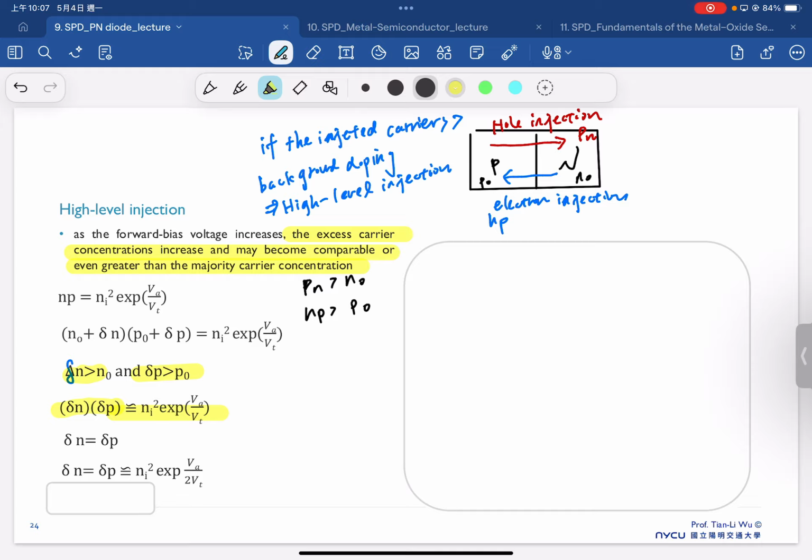But now if we consider the excess electron is equal to the excess holes here, therefore we can have this equation where we have the 2 in here, and therefore the current equation must be proportional to exponential VA over 2Vt.